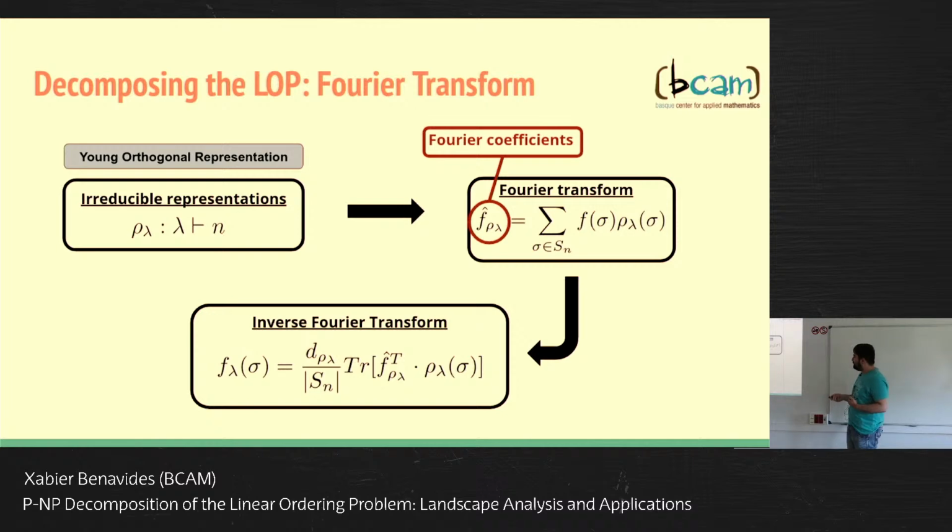So, this function f lambda is the function of the decomposition that is associated with the rho lambda irreducible representation. So, with this information, we now have all the necessary knowledge to apply the Fourier transform to the linear ordering problem.